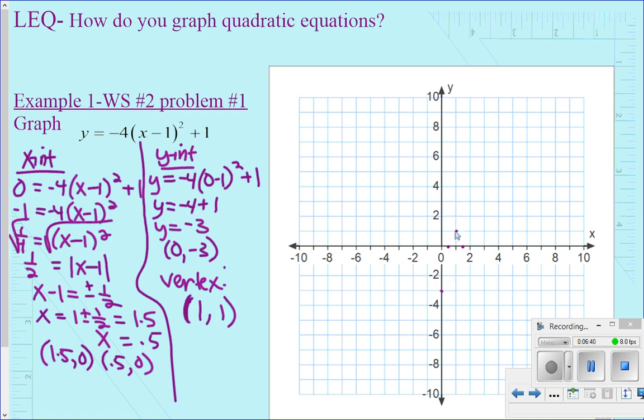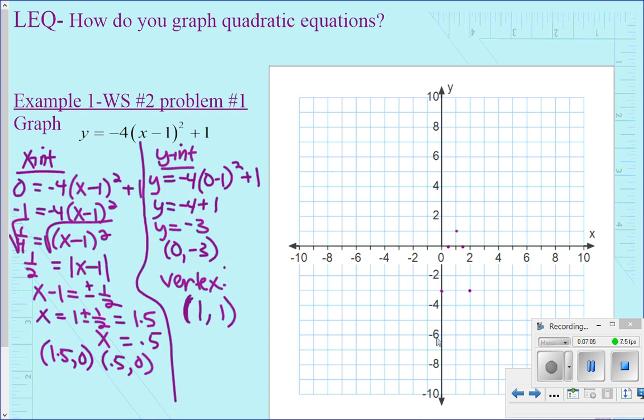So if I think about that vertical line being drawn through the vertex, then this y-intercept has a mirror image, and the y-intercept is 1 away from where the vertex is, which means if I go 1 in the opposite direction from the vertex, I can plot a point there because it'll be the mirror image of the y-intercept, which is already there.